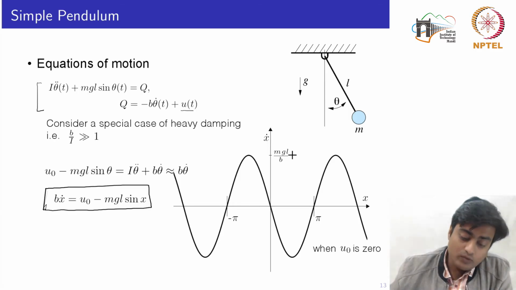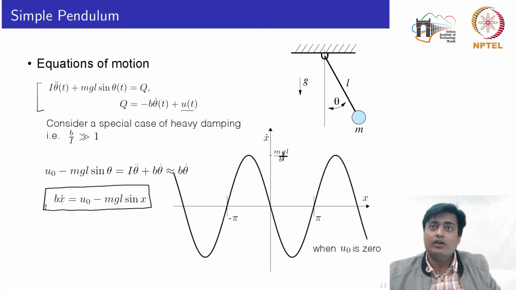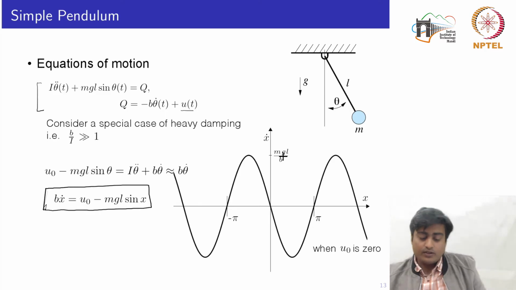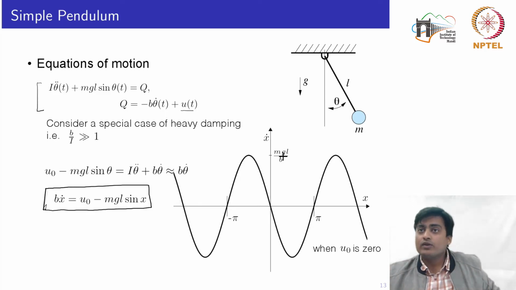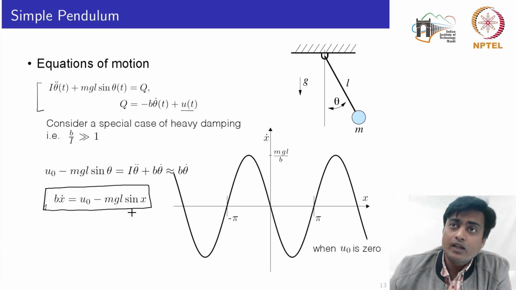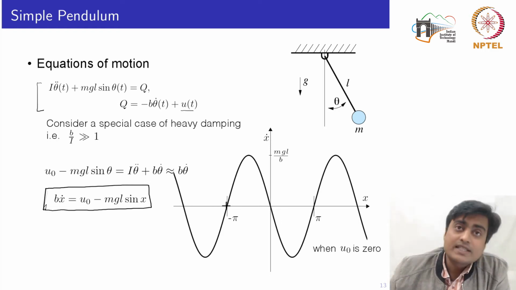Okay, now if we want to determine the stability of this system, how can we do this analysis? It is pretty much straightforward to see that this system is a nonlinear system because of this sinusoidal function. So here we determine the stability around the steady state values.